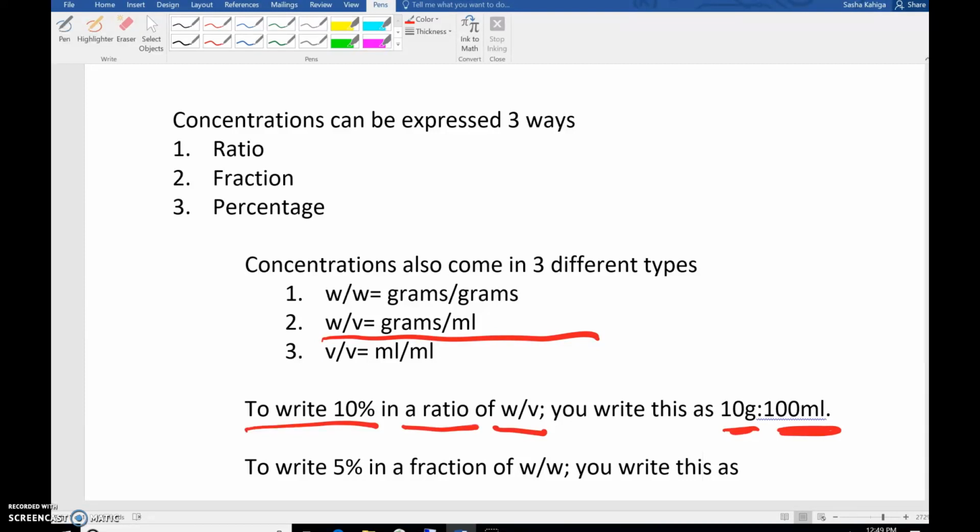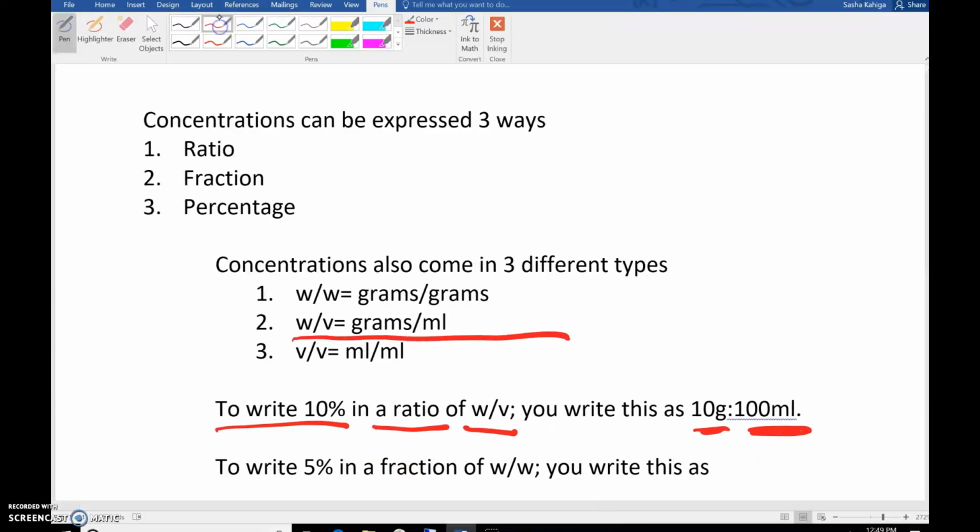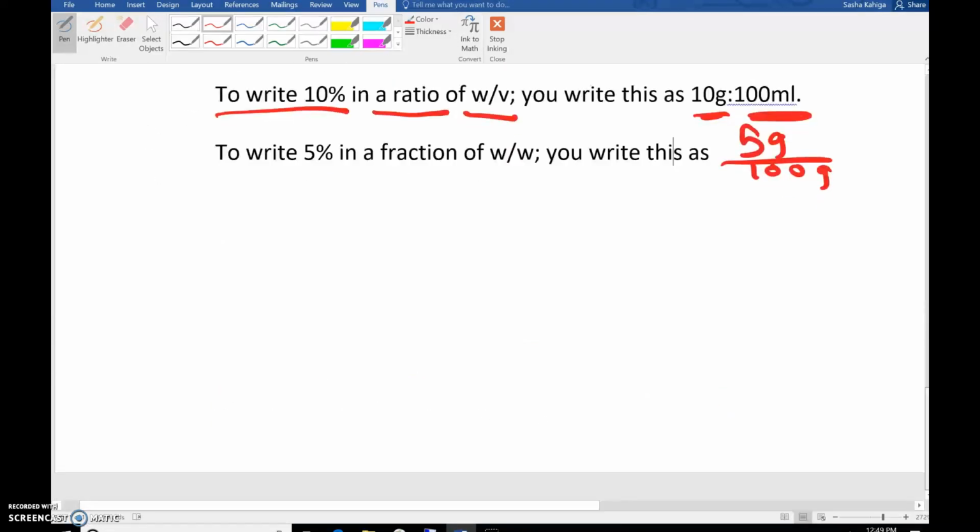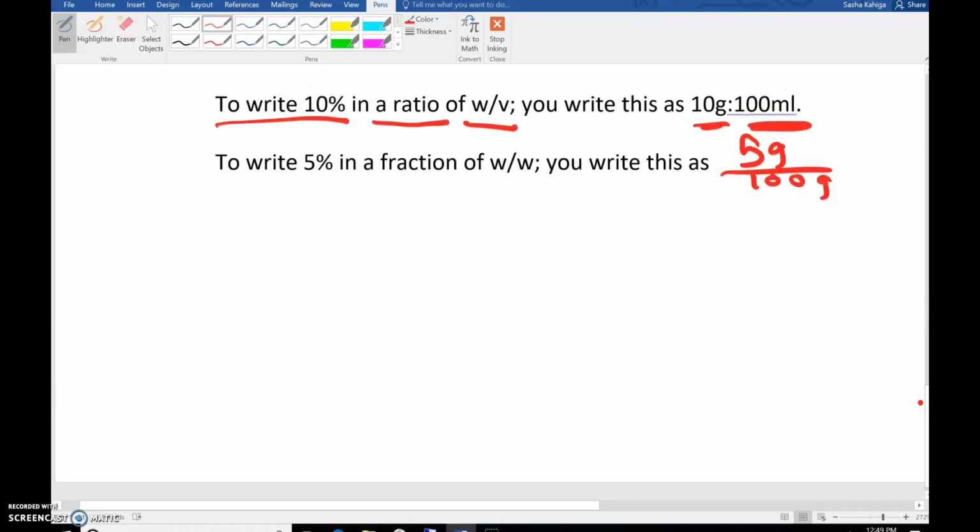So in order for me to write 5% in a fraction of weight to weight, I'm going to write it as 5 grams to 100 grams. It's in the fraction form, 5 over 100. And my units have to be grams per grams, because I'm doing what? Weight to weight.